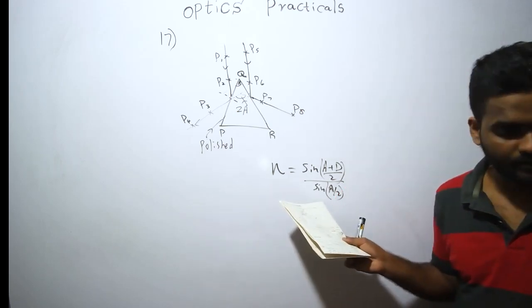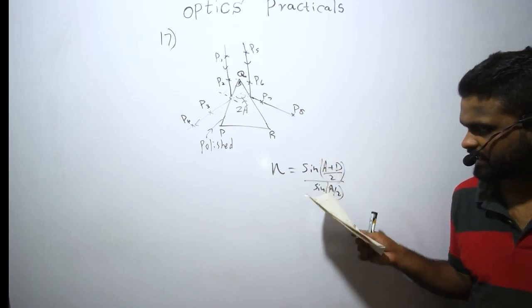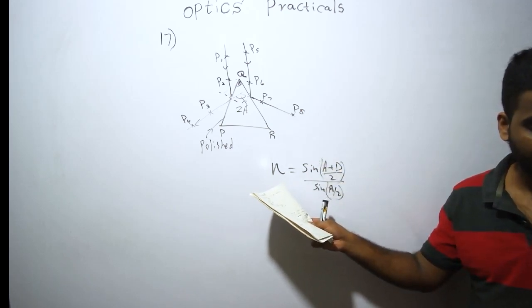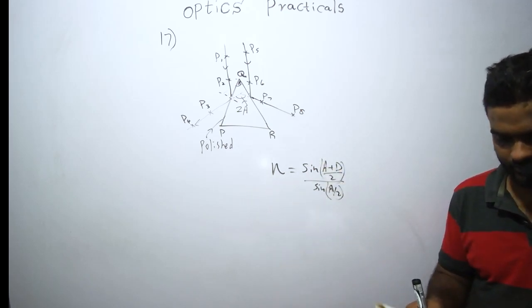Then write this equation. So I can simply substitute A and D values in order to find the refractive index.